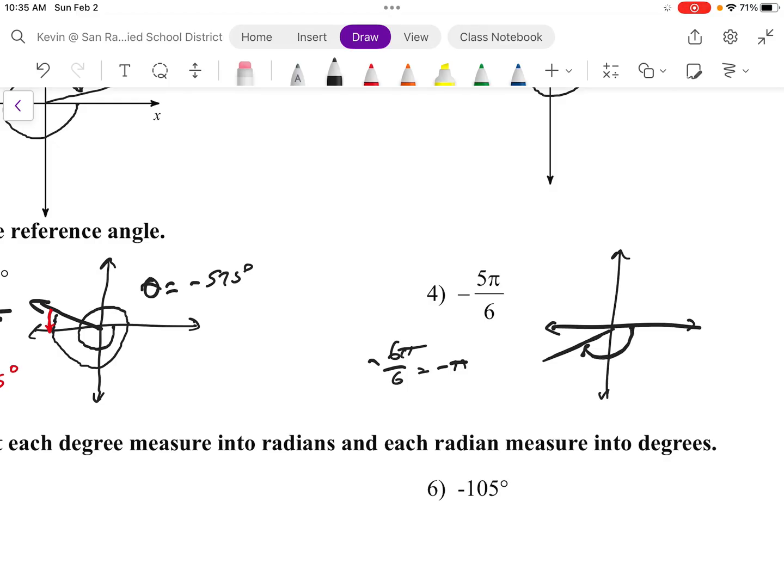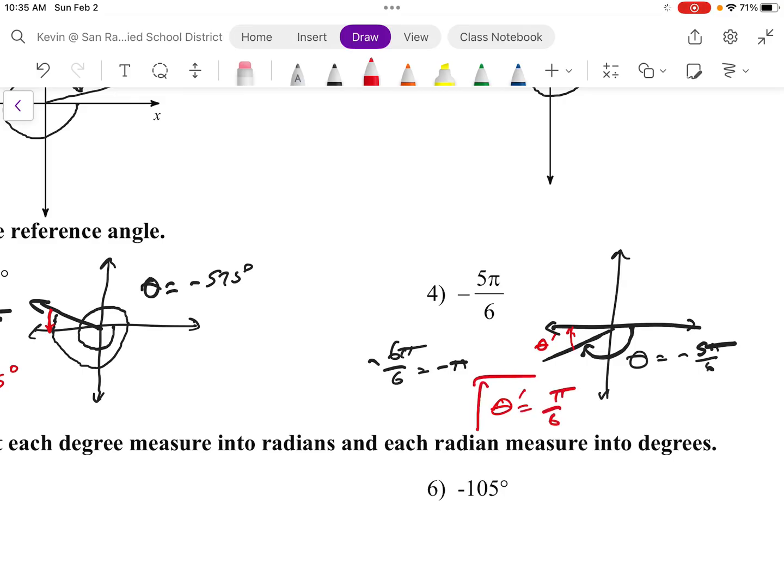So we would go just pi over 6 short of that. So we'd come over, it would be here. So this would be theta equals negative 5 pi over 6. And again, the key that I posted is incorrect, but this is correct. Well, the answer I think I had correct, but the drawing is incorrect.